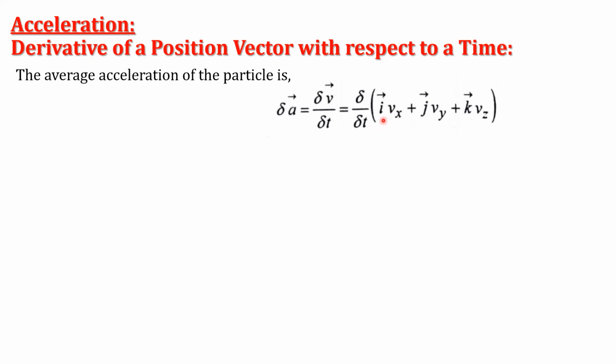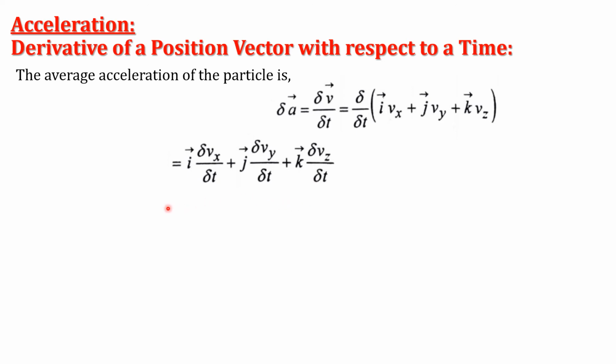Now we simplify this term. Take i outside, take the derivative of vx with respect to time t, similarly vy, similarly vz, and we write the next equation: i delta vx by delta t plus j delta vy by delta t plus k delta vz by delta t.